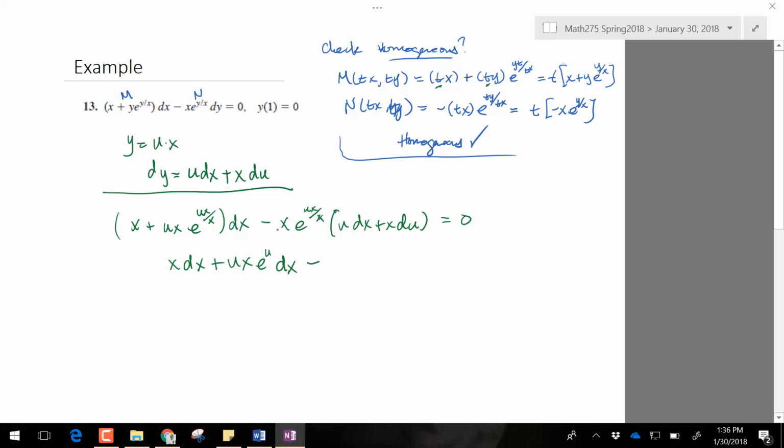And then we have a minus x e to the u times u dx. And then here's where I forgot the negative last time. This is going to be x squared e to the u times du.